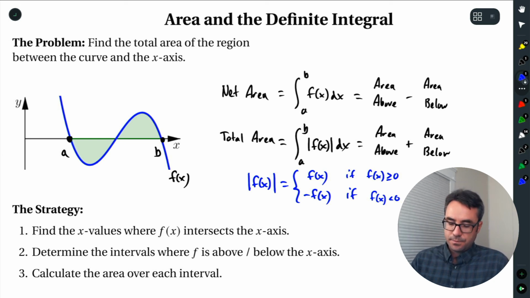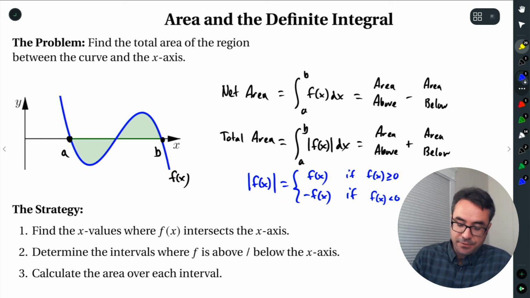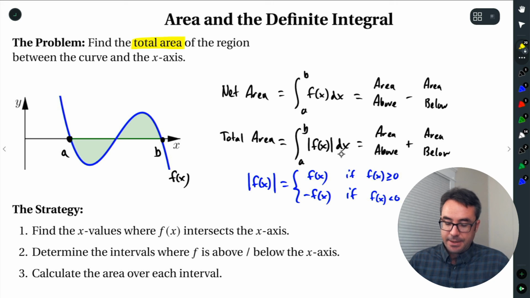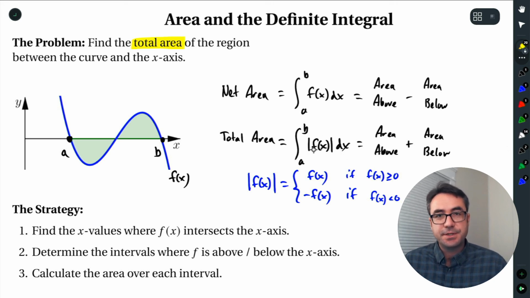So we'll see how to work with this in a little bit. And our strategy: the question is, how do we find the total area? Integrating an absolute value function is kind of difficult because it's a piecewise function. Piecewise functions, we have to split them up accordingly when we go through the integration. So that's going to be our strategy: we're going to find the x values where our function intersects the x-axis.